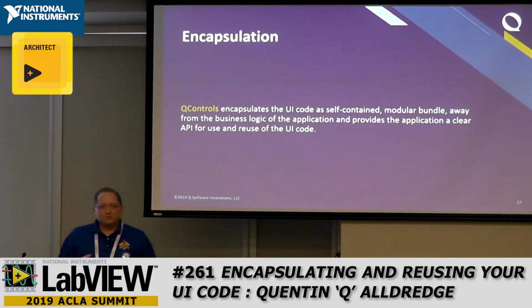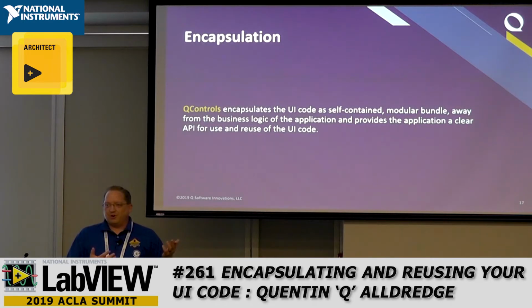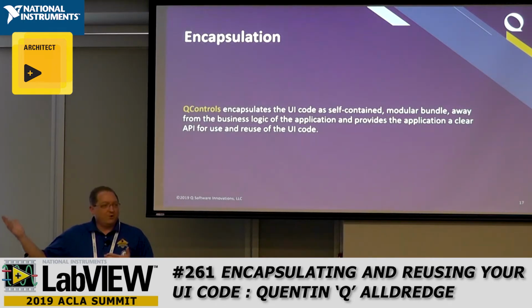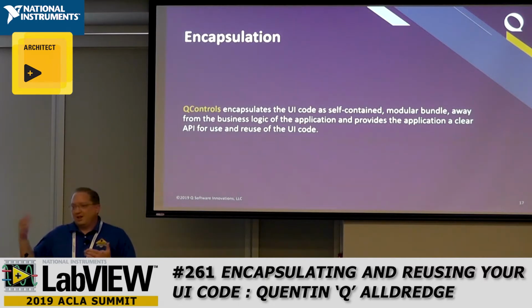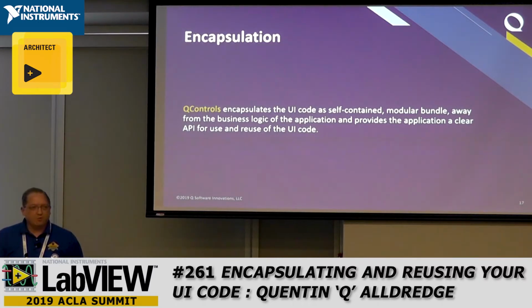Well, with the queue control, if you create like the multi-column listbox one I just showed, and you want to reuse that with a silver control, or you want to reuse that with one of the new flat controls that JKI just showed, it doesn't matter, as long as it's a multi-column listbox and you pass a reference to a multi-column listbox, all of your code is going to run for that new multi-column listbox. There are a few caveats to that, where some of the system controls, like you can't set colors on buttons and things, but other than the things that you're locked into because of the OS, you can do that.